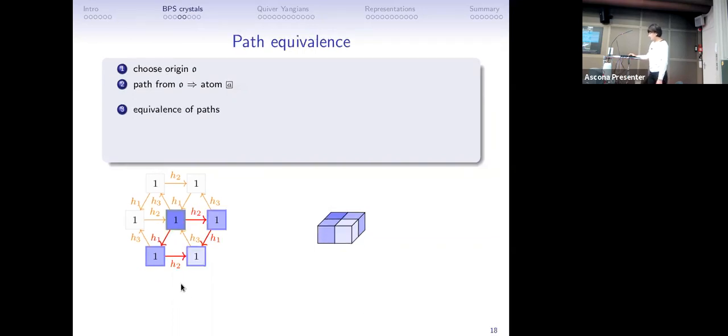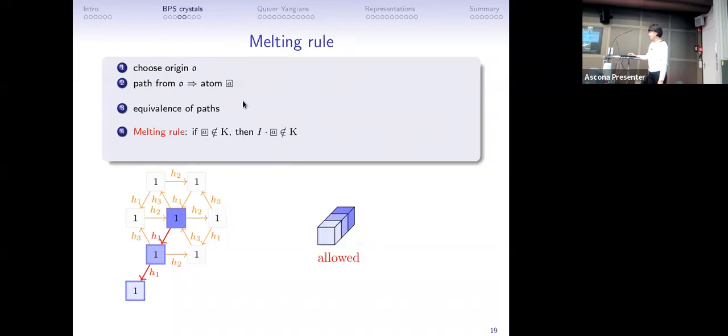You see that there are different paths that you can take to the same atom. For example, you can go by this path or this one. So there's a notion of equivalence of different paths, which corresponds to the F-term constraint of your quantum mechanics.